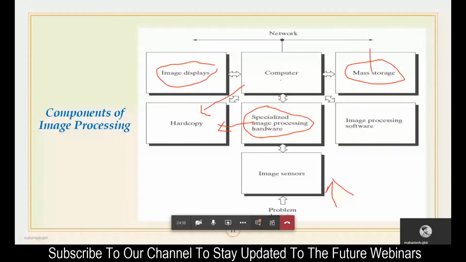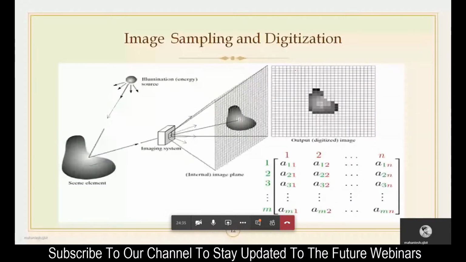Image sampling and digitization. This is a very interesting concept, because from here onwards, I'm going to use this concept in order to process my digital data. As I have said earlier, before sampling and digitization, it is analog in nature.